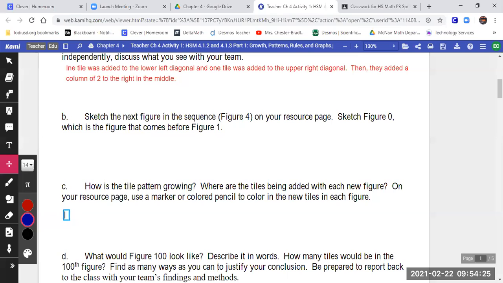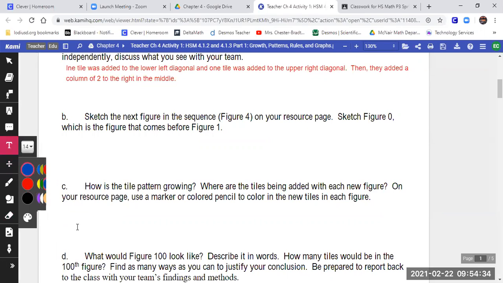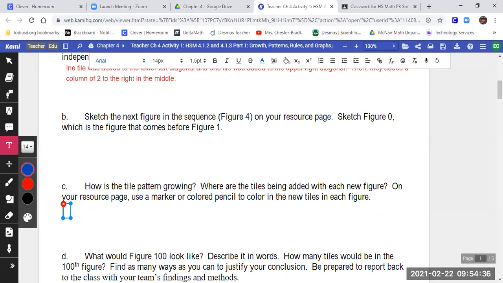How much was it growing from one figure to the next? Oops, I don't want to be on that, I want to be on text box. To go from one figure to the next, you add 4 tiles.